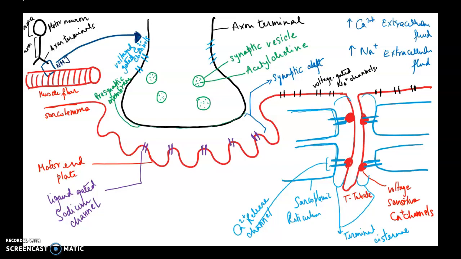So we talked about voltage-gated calcium channels on the axon terminal. We have ligand-gated sodium channels on the motor end plate, and we have voltage-gated sodium channels on the sarcolemma. In reality, there are some voltage-gated sodium channels on the motor end plate as well, but for testing purposes, we will say that the voltage-gated sodium channels are on the sarcolemma.